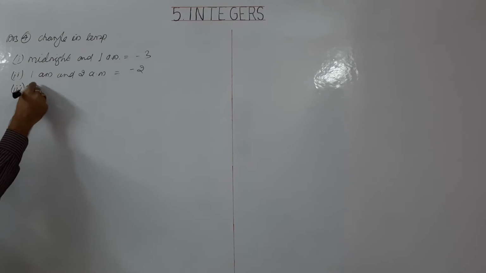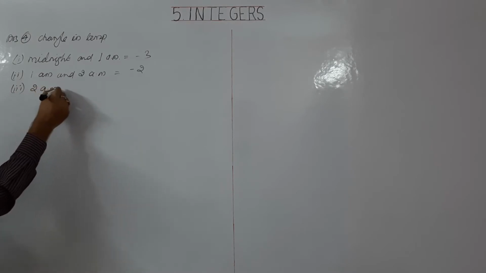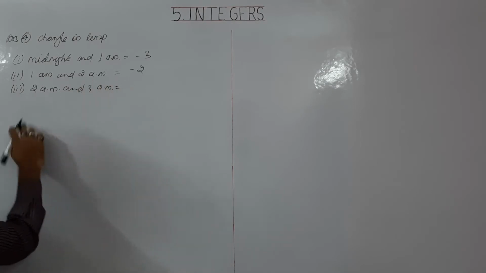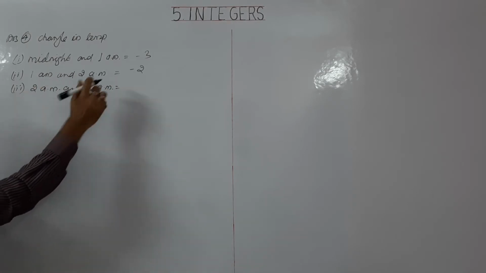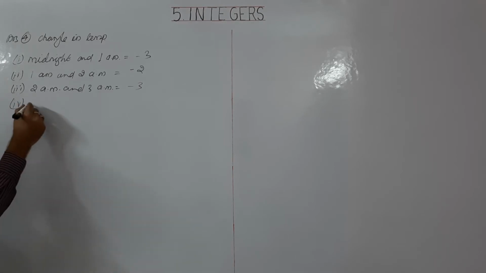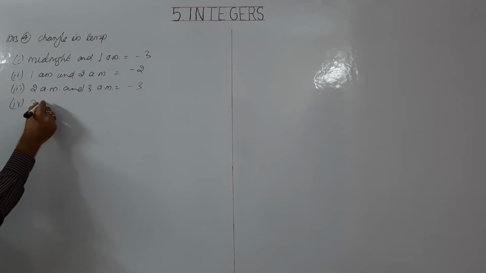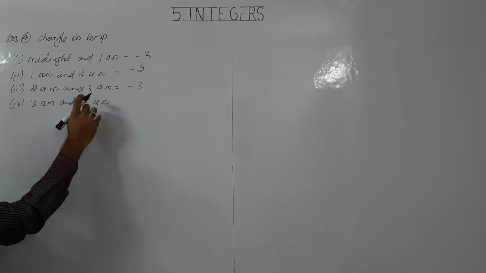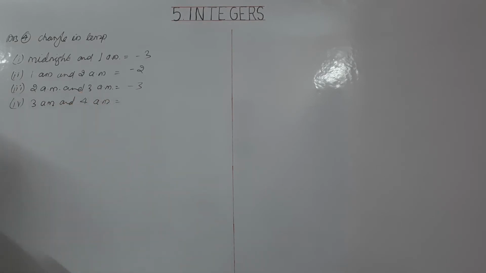For the third hour, between 2 a.m. and 3 a.m., again the temperature dropped by 3 degrees. Now in the fourth hour, between 3 a.m. and 4 a.m., there is a rise in temperature of 2 degrees.